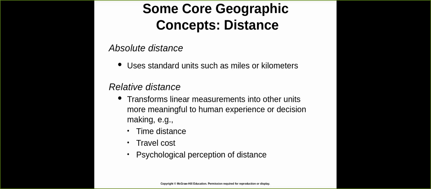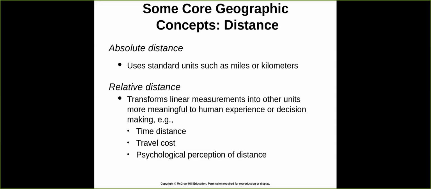The psychological perception of distance is something that you've probably experienced. This is the notion of when you move into an area that is unfamiliar to you, or you're driving to some place that you've never been before. It can seem like it takes quite a while to actually get there. However, as you're heading back home from that location, you're moving back the same distance, but the psychological perception of the time it takes you to traverse that distance is less than it was when you were going forward.